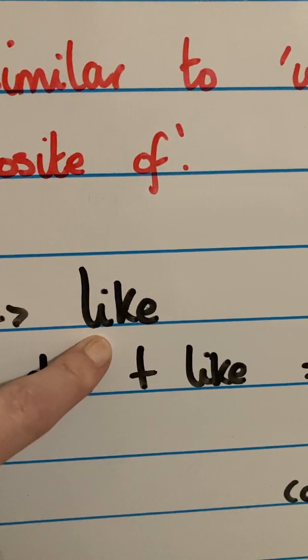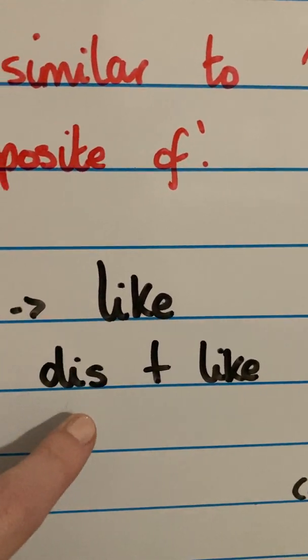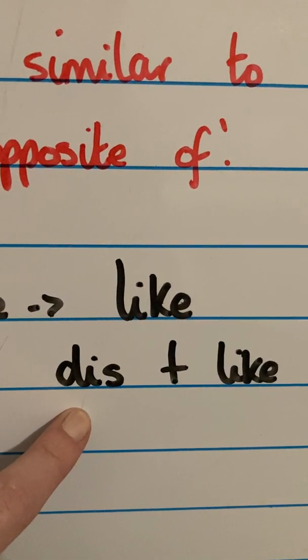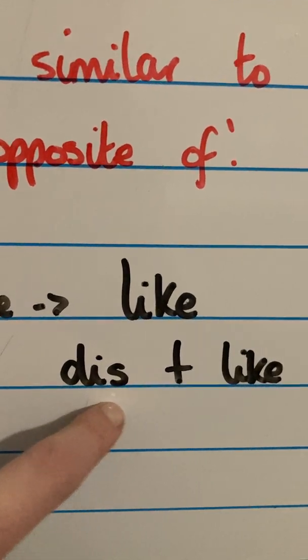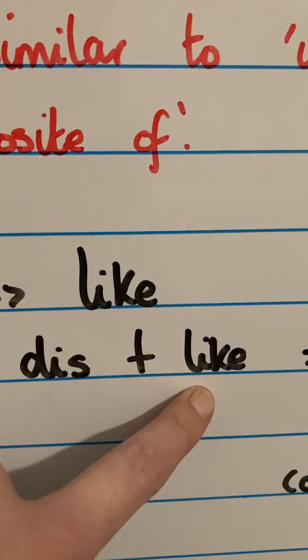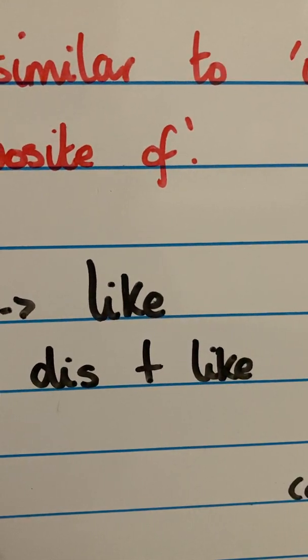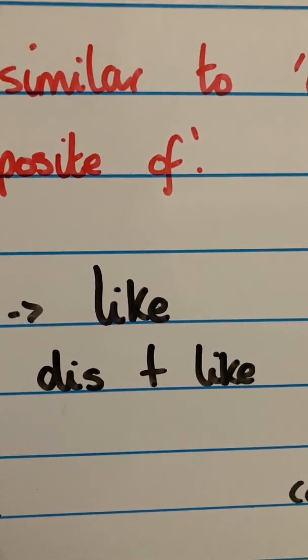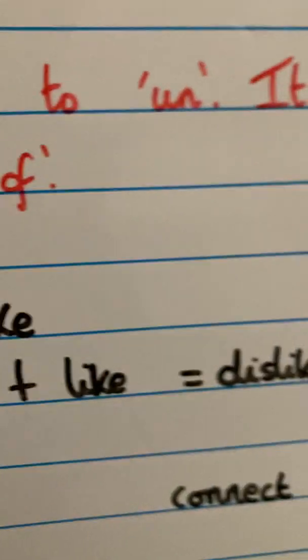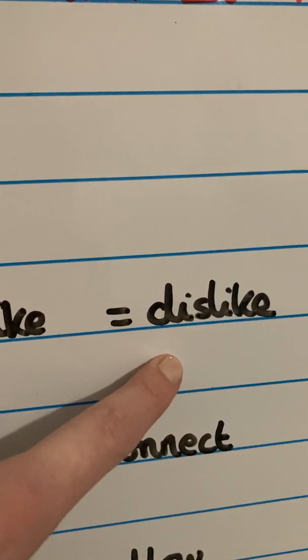Okay, now I am going to add dis to the start of that word. So I'm going to add my prefix dis. So this is my prefix. I'm adding it to the root word. Can you tell your grown-up what the end result is going to be when we add dis to like? That's right. The word becomes dislike.